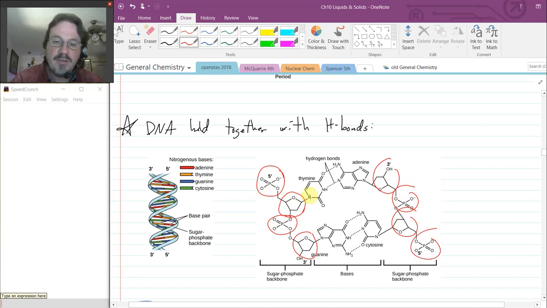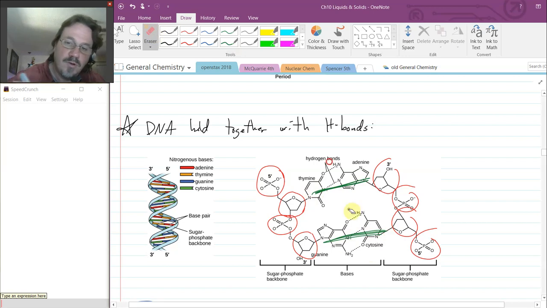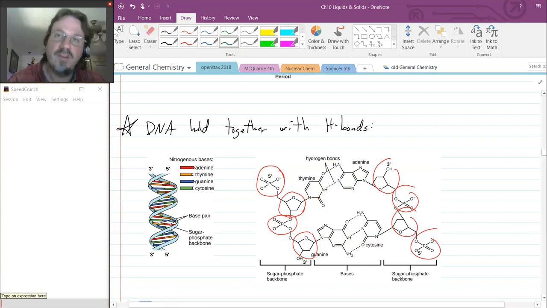And then you've got the rungs of the ladder. Let's do that in green. Here's the rungs of the ladder right here, and then right here, and it would continue on forward. So let me actually erase those rungs for a second. If you look at what those rungs are made of, what are the steps of the ladder made of? You have 4 different bases: thymine, adenine, guanine, and cytosine.